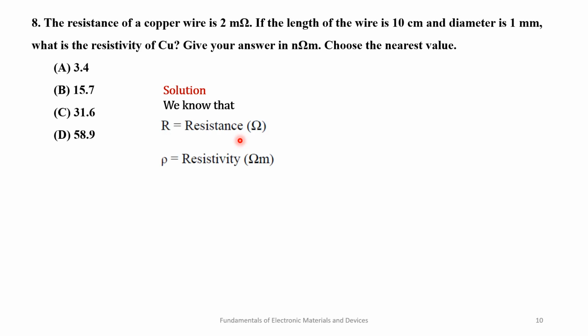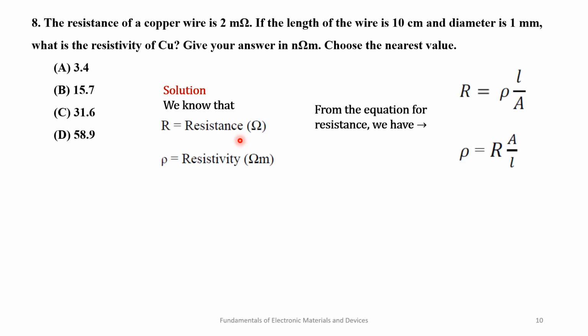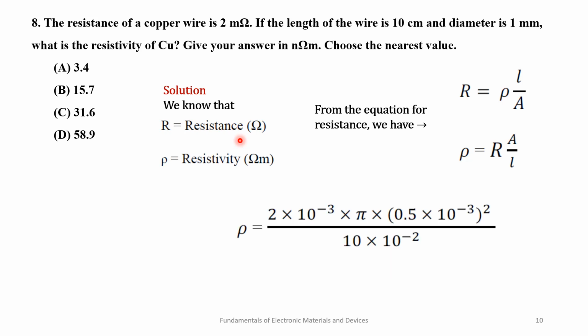So basically, we know that the resistance and resistivity are related. We have R is equal to rho into L by A. Here we are asked to find the resistivity, so rho is R into A divided by L. We substitute R, that is 2 milli ohm, 2 into 10 to the power minus 3. Then the area is pi r square.